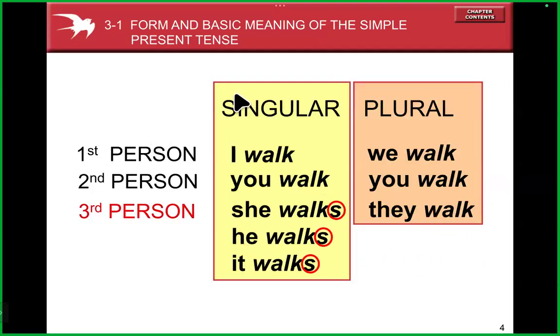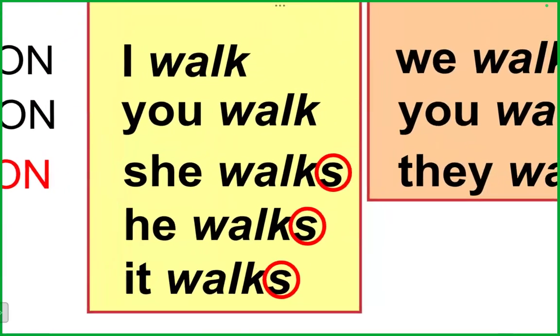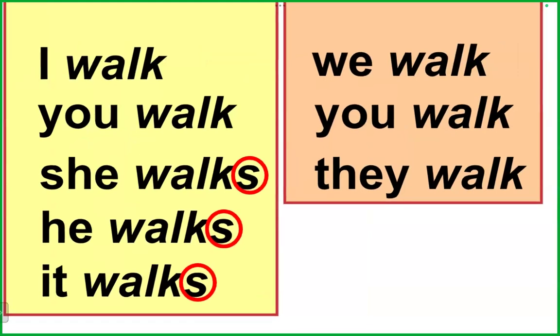As you can see, we have two different columns. In column number one, we have the singular, and in column number two, we have the plural. But there is something quite important I want you to focus on. The subject. You see the subject? I, you, she, he, it, we, you, and they. These are subjects.